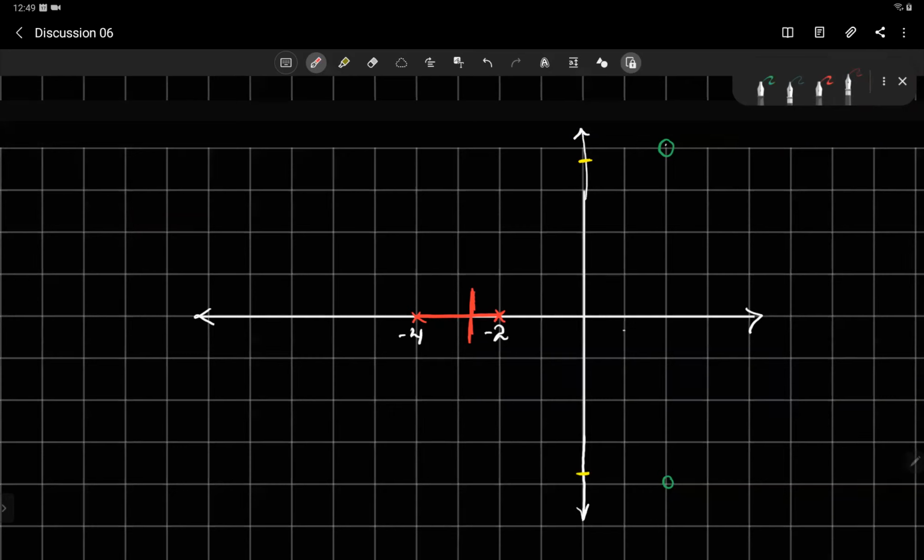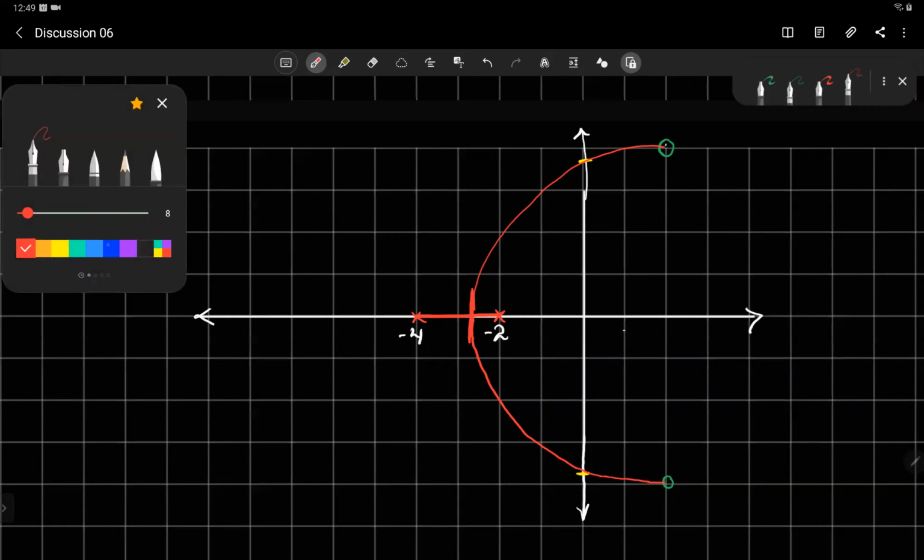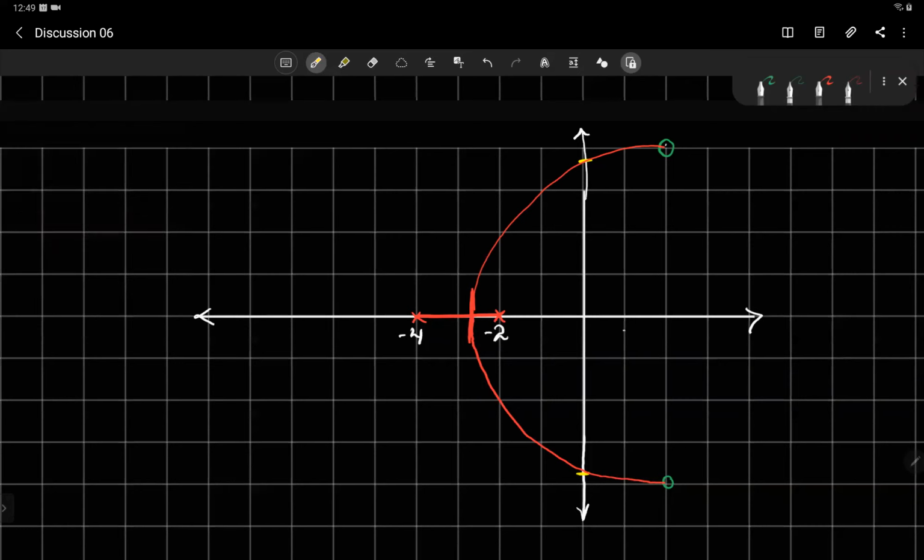And so this root locus will look something like this. And this is the breakaway point. These are the imaginary crossings.